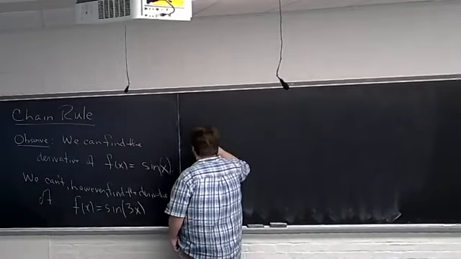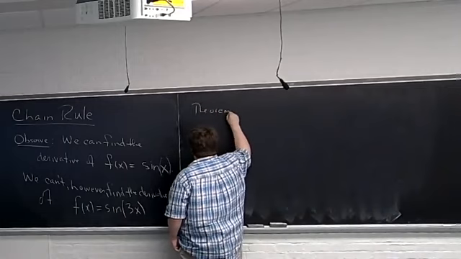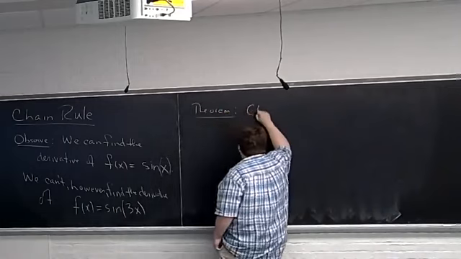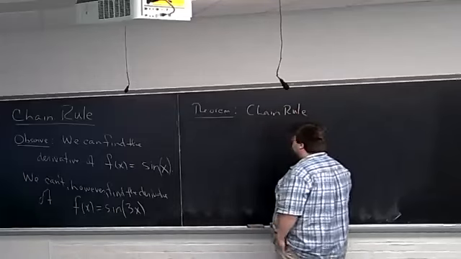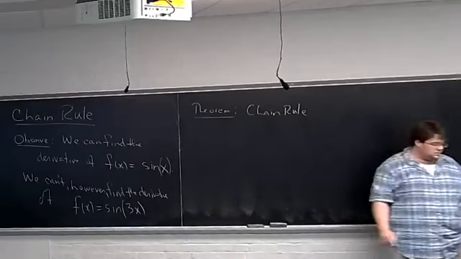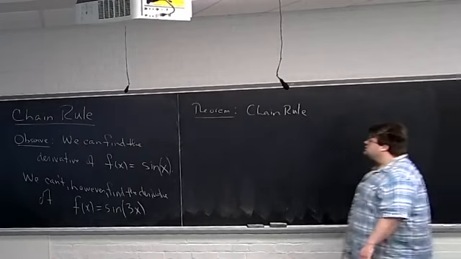So let's state the chain rule. And then for the next half hour, maybe we'll do some examples using the chain rule. I will introduce two notations for the chain rule using our derivative notations.